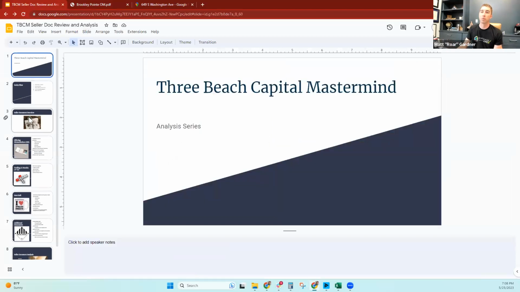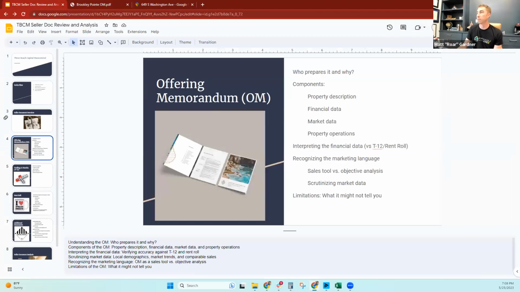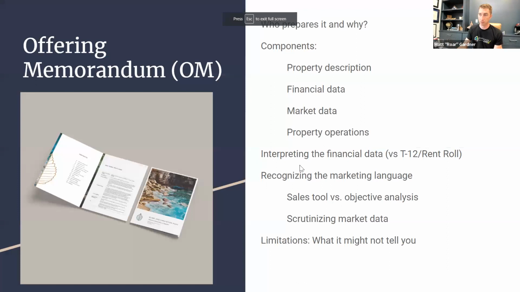Cool. So when we're talking about these offering memorandums and stuff, one thing I will say is, we just spent what, half an hour just briefly talking through it. I will typically spend a good hour or so analyzing the offering memorandum.